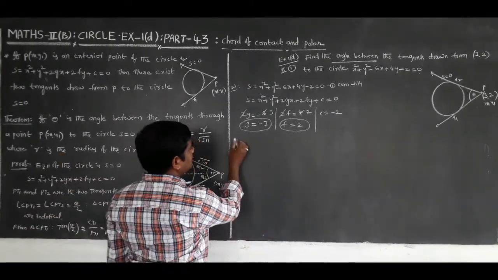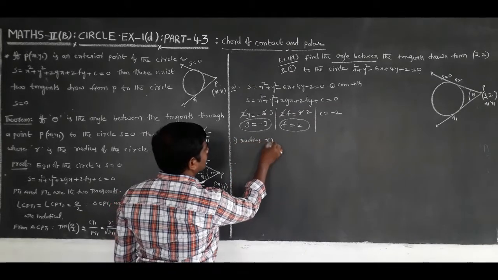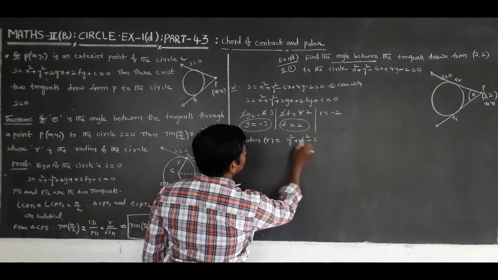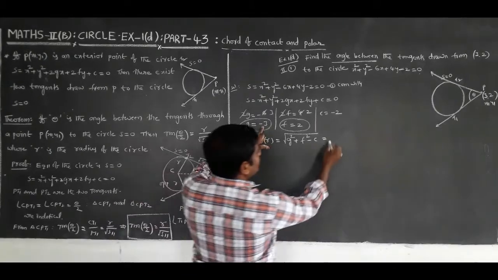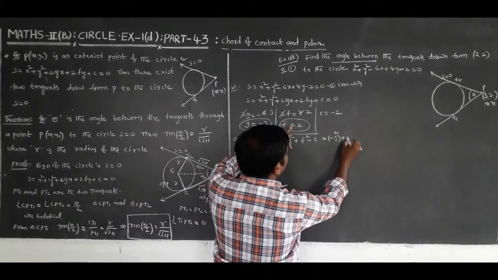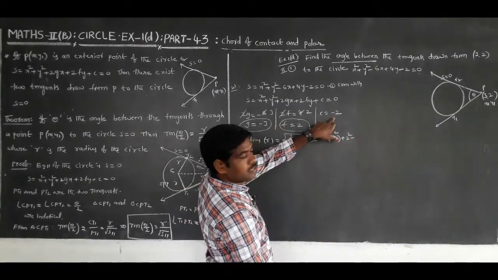Here find the radius. Radius of the circle R is equal to under root of g square plus f square minus c. g square is minus 3 whole square, f square is 2 square, minus c, where c is equal to minus 2.